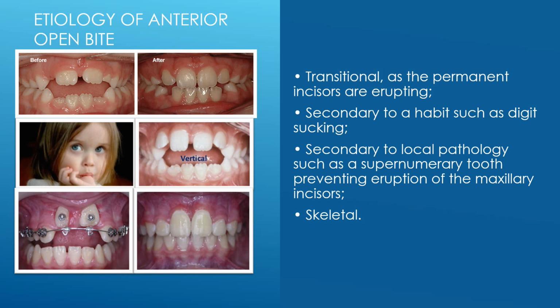The etiological factors of the anterior open bite can be transitional, while the permanent incisors are erupting. It presents in the early mixed dentition stage. Then it could be secondary to local pathology, such as a supernumerary tooth, which prevents eruption of the maxillary incisor.